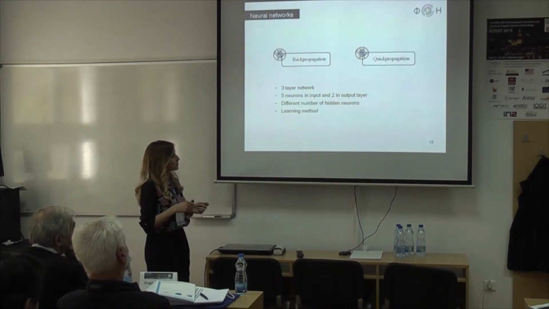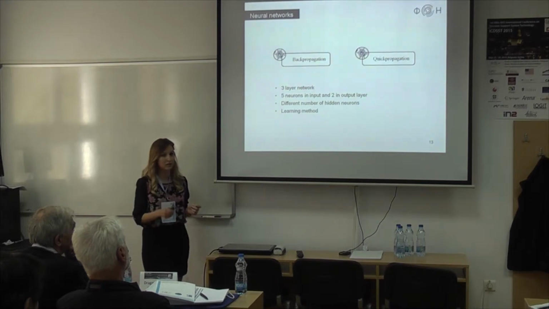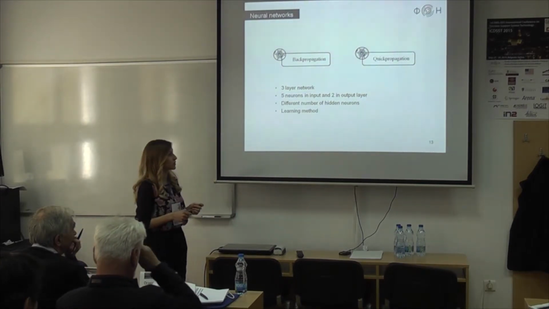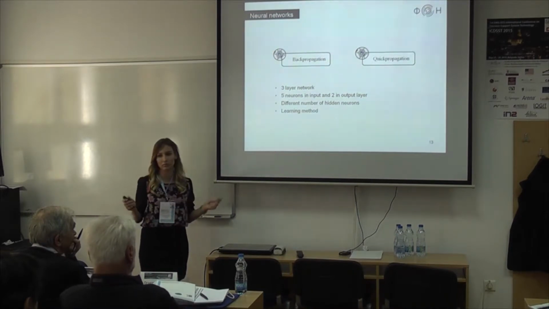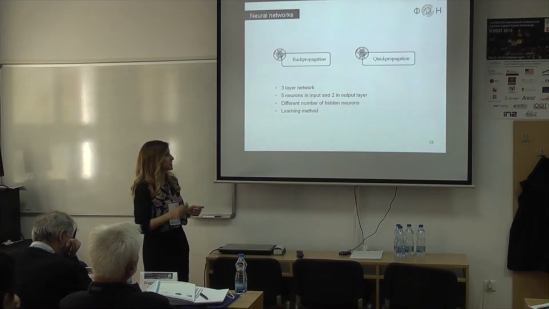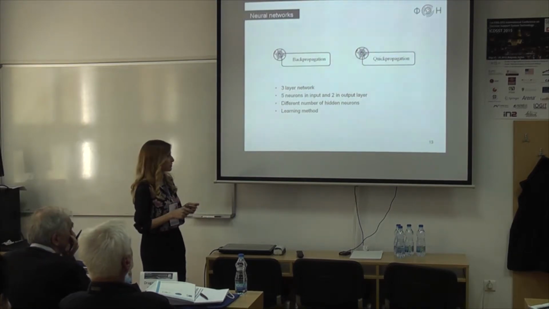We decided to try neural networks with different numbers of hidden neurons in the hidden layer, because there is no general rule which says in the hidden layer you should have a specific number of neurons.